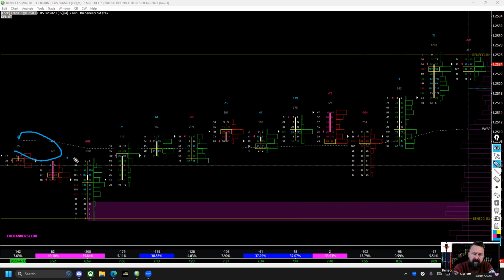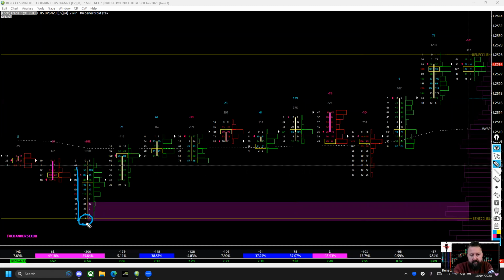And then coming into Frankfurt open into the area of interest, which has currently set the day's initial balance low at the moment, we got an increase in volume, increase in sell side delta. Price shot down, and then you can see a lack of interest from any more selling there.